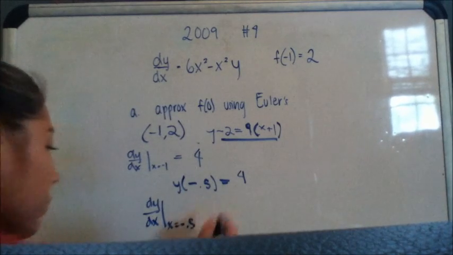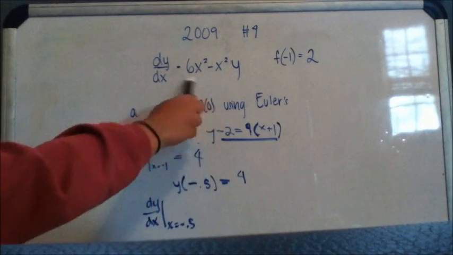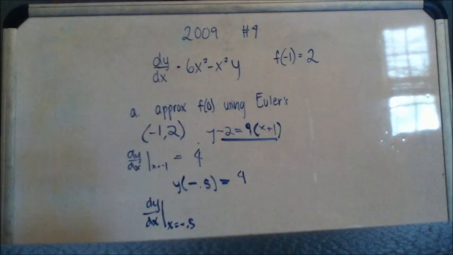And then we can write our next equation once we know what x equals negative 0.5. We want to find the slope. So we're going to plug negative 0.5 comma 4 into dy over dx, and you get 6 times 0.25 minus 0.25 times 4, which is going to be 5.